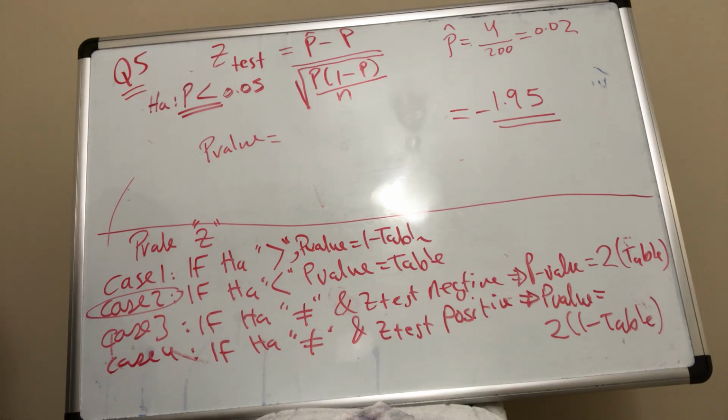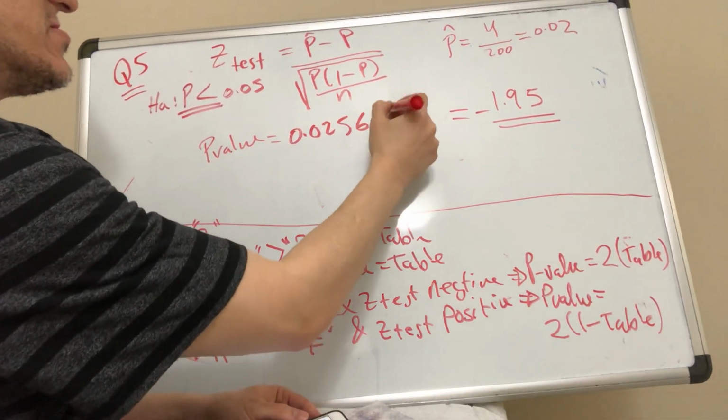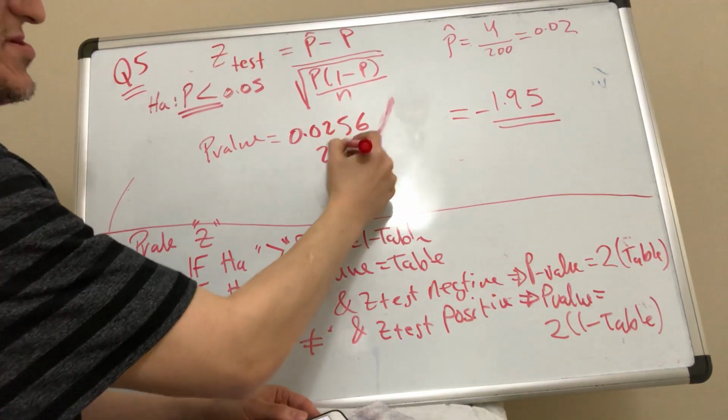So I'm going to go to the z table here. And minus 1.95 is 0.0256. So your p-value is about 2.56%.